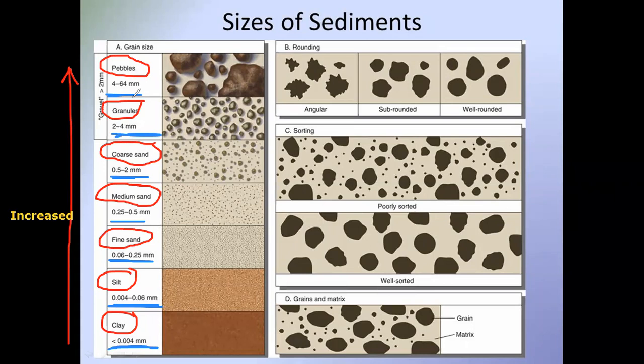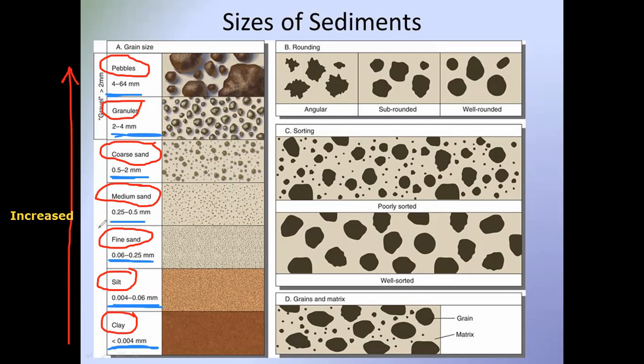So this is the size of the sediment present in the river course, desert, or on the beach. They show different sizes from very small, that is clay size particles, up to the pebble size, which is very large.